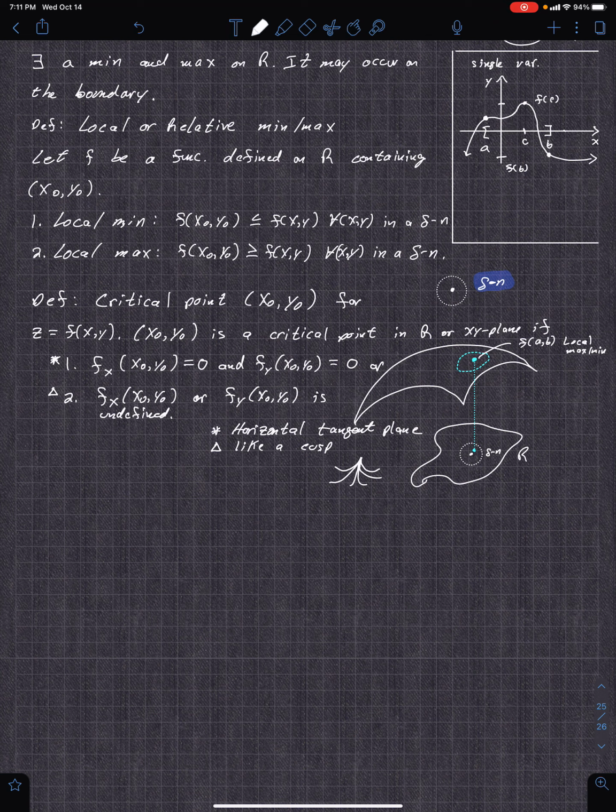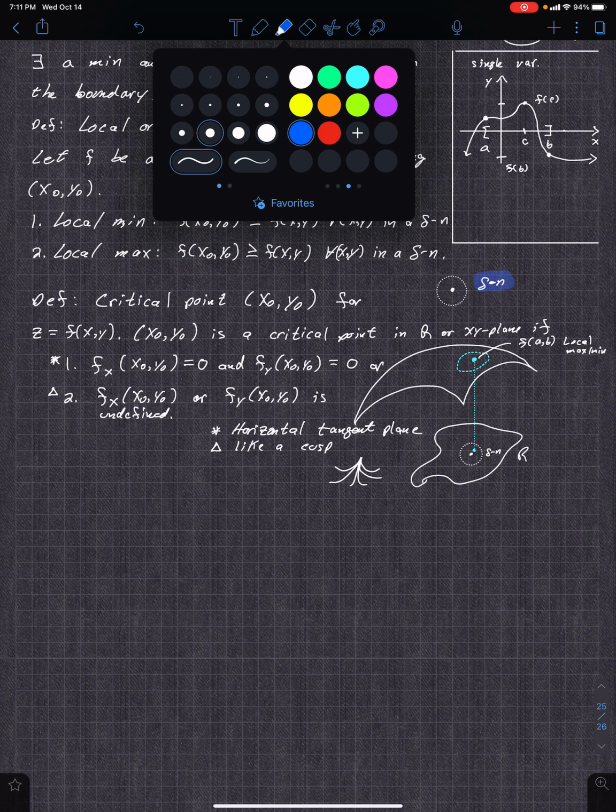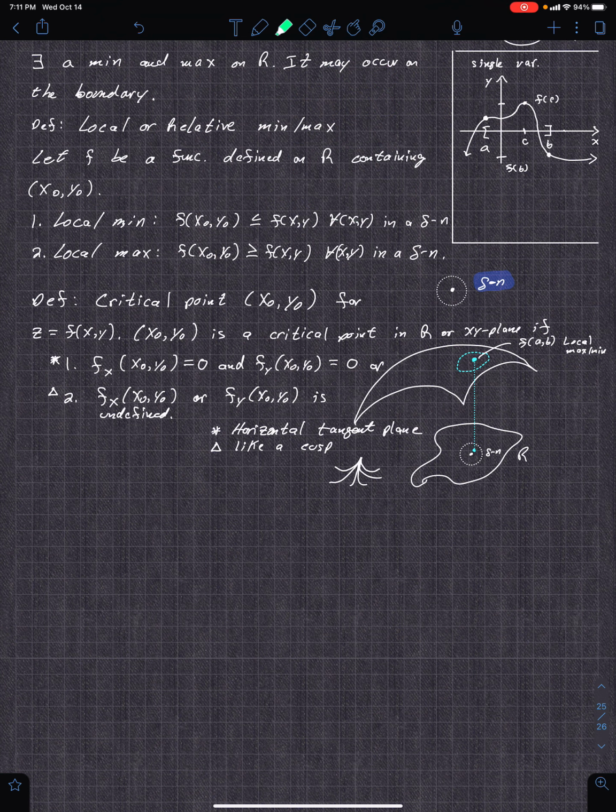We don't really have to know yet. We just need to know that it's a critical point. What's going to happen is you're going to be solving a system. So right here, this is going to be a system of equations. I'm talking too much. Let's continue.